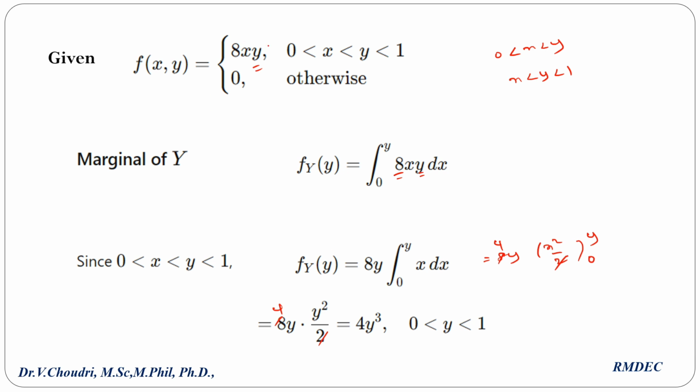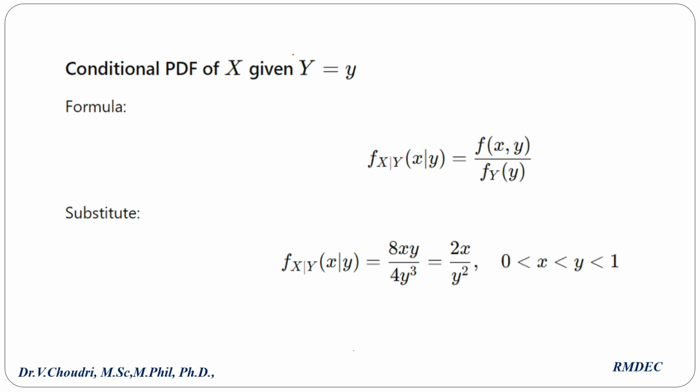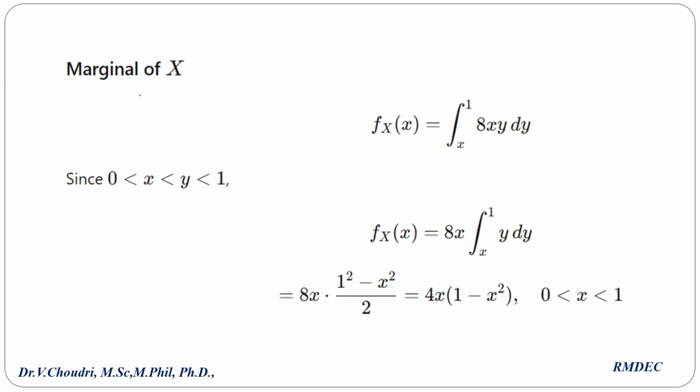Since x power 1 and y power 1, we cannot take directly f of y because x limits different, y limits different. We should find f of y later. Marginal function of x. So fx of x equal to integral x to 1, 8xy dy. So in terms of y, let us take 8x separately, 8x into integral x to 1 y dy.